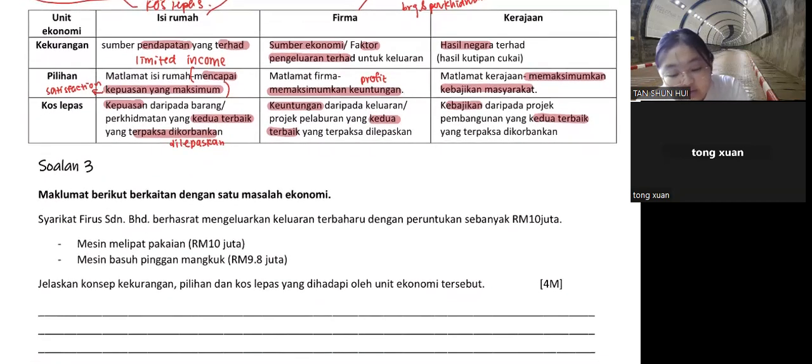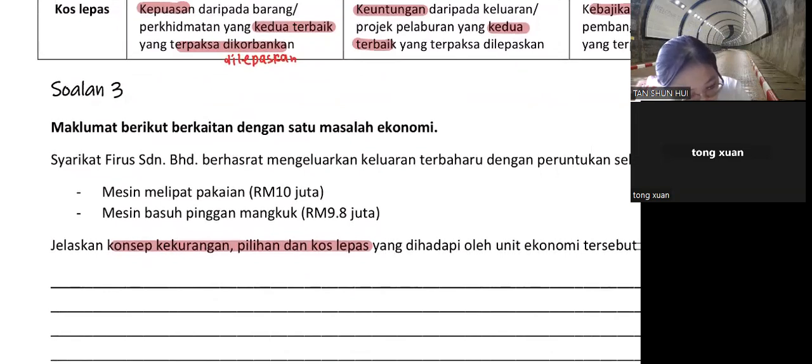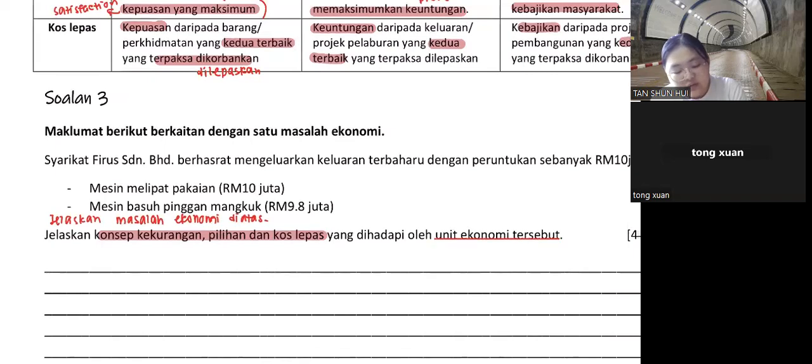They will either say jelaskan konsep, or sometimes they will be very straightforward and say jelaskan masalah ekonomi di atas. But they are the same thing. They say dihadapi oleh unit ekonomi tersebut.